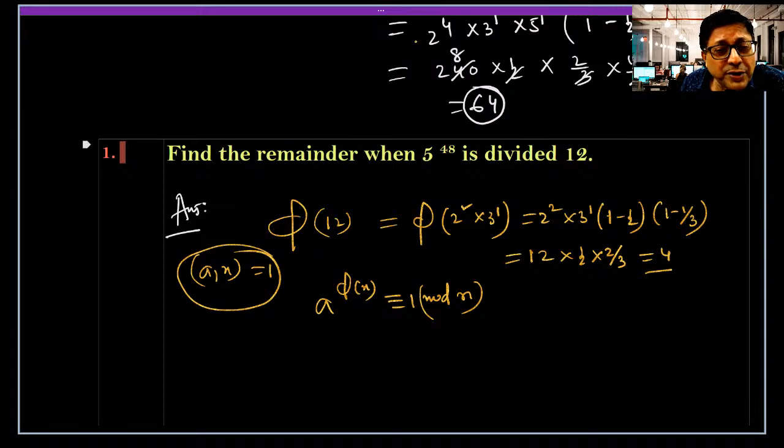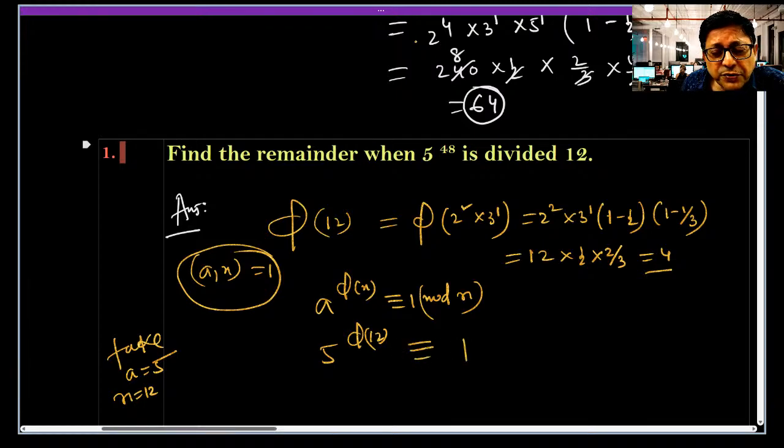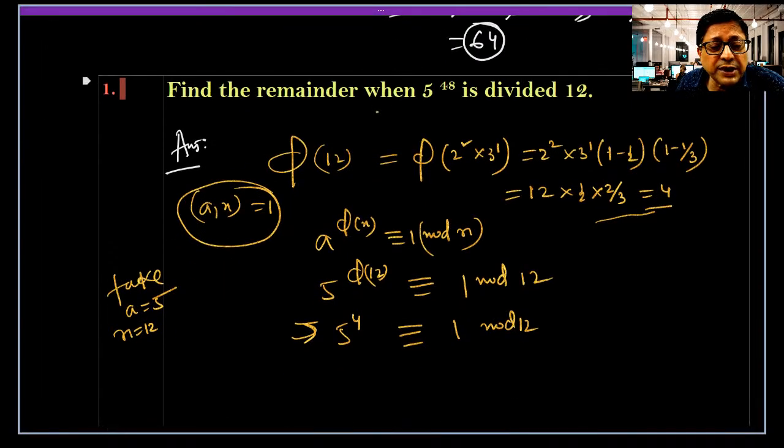So let us take n as 12 and A equal to 5. So 5 to the power phi 12 is congruent with 1 mod 12. Phi 12 we just found, it is 4. So 5 to the power 4 is congruent with 1 mod 12. How to get 5 to the power 48?